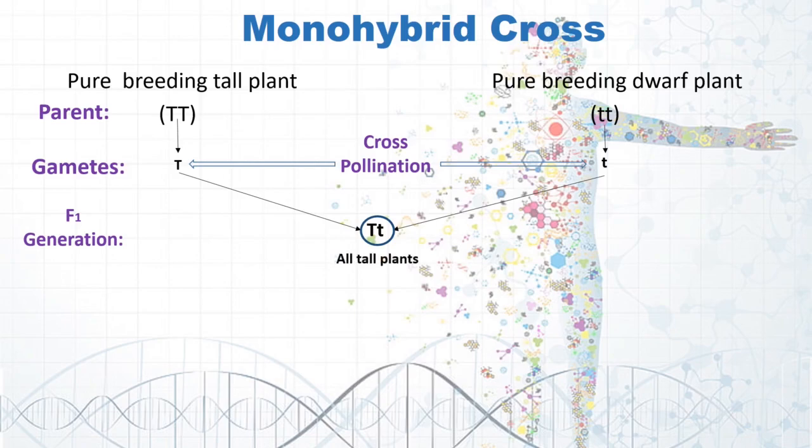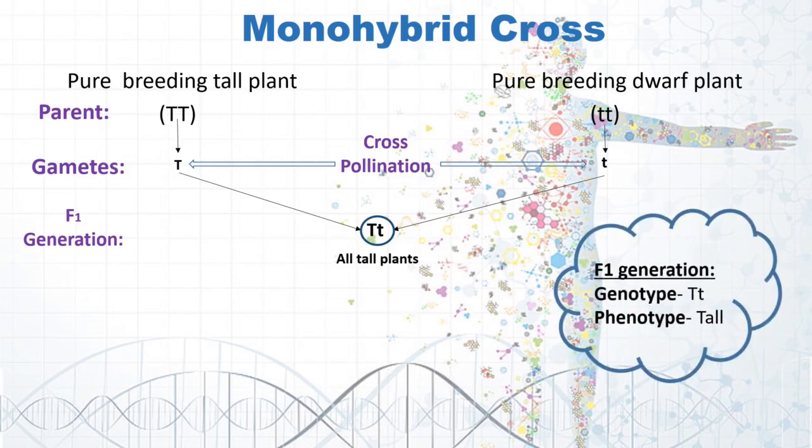This is the first generation or the F1 generation, which is formed by cross-pollinating the two plants. The genotype of F1 is capital T and lowercase t, and the phenotype is going to be tall as it has at least one dominant gene with it.